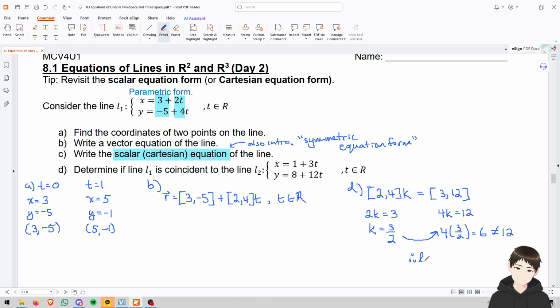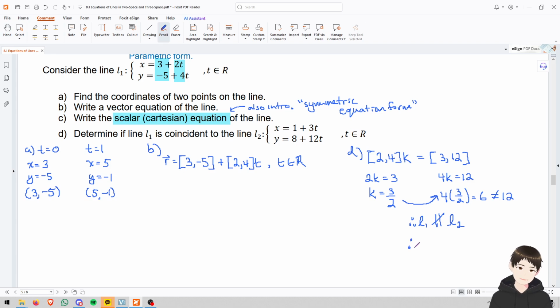Therefore, L1 is not parallel to L2. Therefore, there's no way they could be coincident. L1 is not coincident to L2. Okay, that's it.